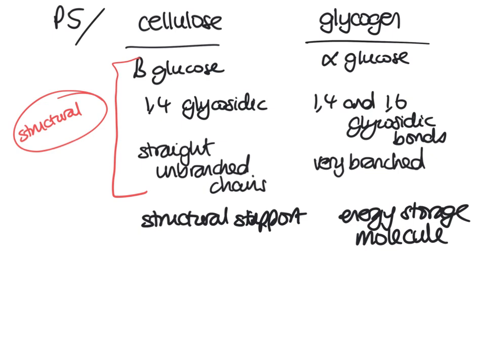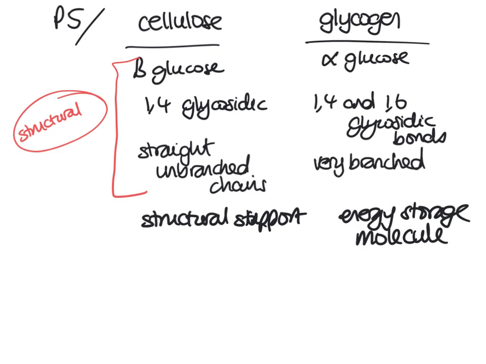If you said cellulose is found in plants and glycogen was found in animals, that would also get you a mark, okay? So this is an older question, so they're a wee bit more fussy now, and maybe it might be in a 3-mark question, give 3 structural differences, and they would only have taken the first 3. But as I said, that's not what the questions were this time.